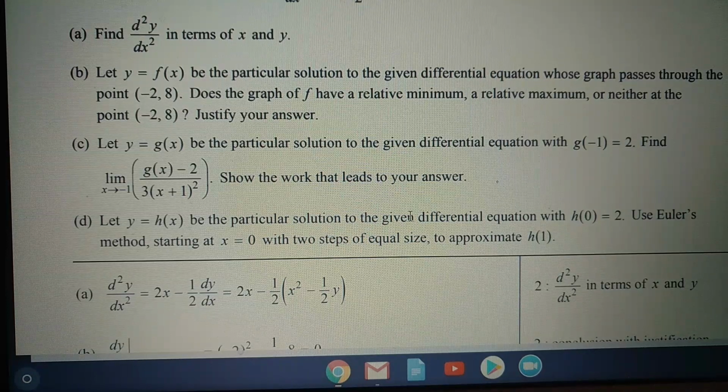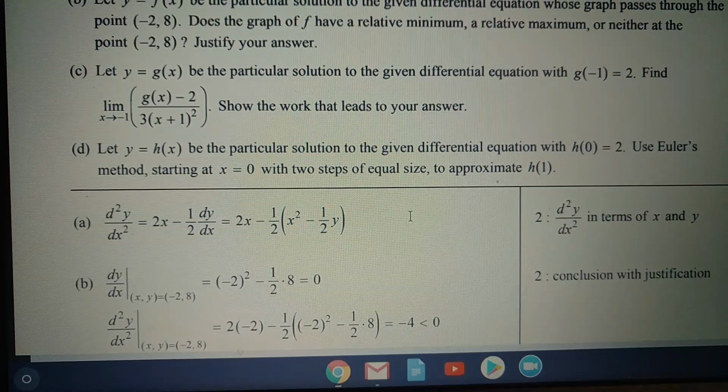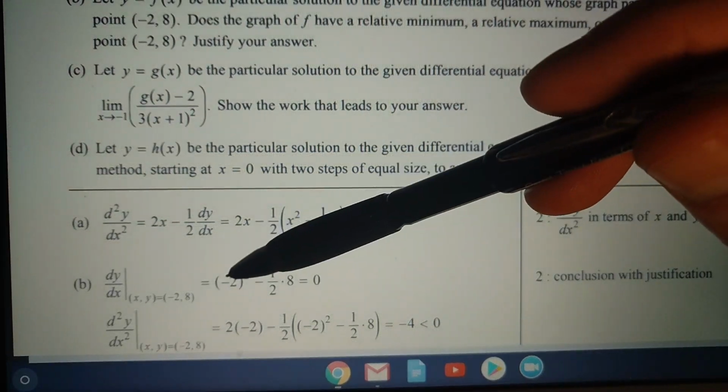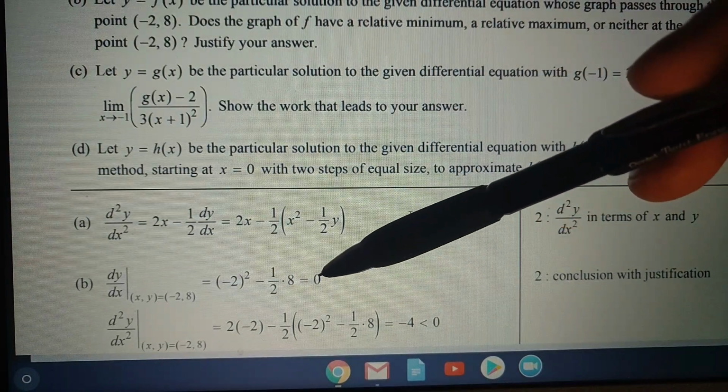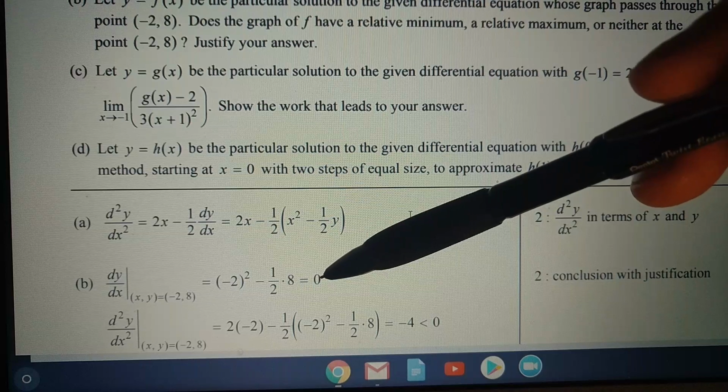So at this point, what we would have to do is, first off, for it to have a relative min or relative max, the derivative would have to be 0. So the first thing we do is check the derivative, which we do have. We don't have f of x, but we do have the derivative. We check the derivative and find out that it is 0. So it is a critical point.